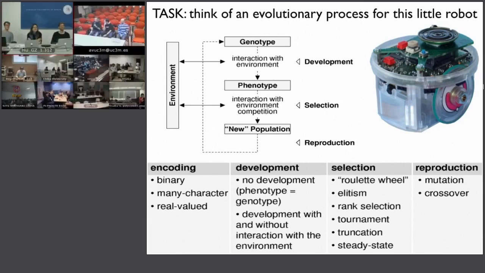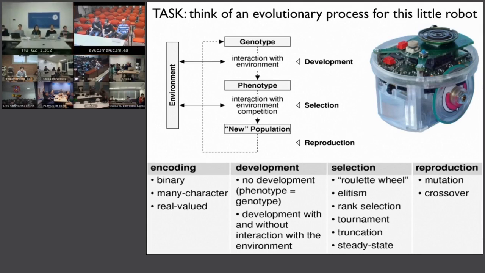Hello everybody. Well, first, in order to encode the data in the genotype, we could encode the sensor data and the output data for the 2 motors together. And then we could have a fitness function that takes those inputs and outputs and sees if that behavior, given those inputs, their outputs are good or bad.